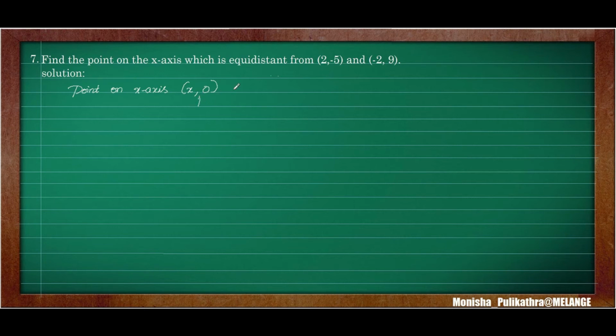So from this x, 0, the distance to these 2 points. Let this be A, 2, minus 5, and let this be B, minus 2, 9. Equidistant means this point is at equal distance to these 2 points.